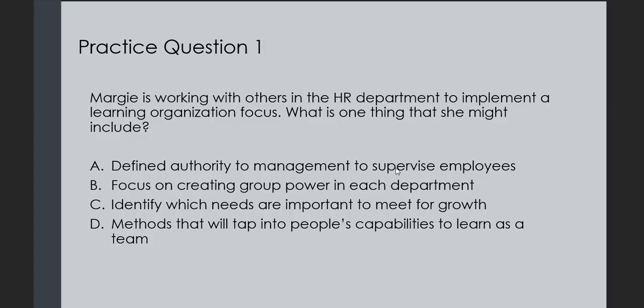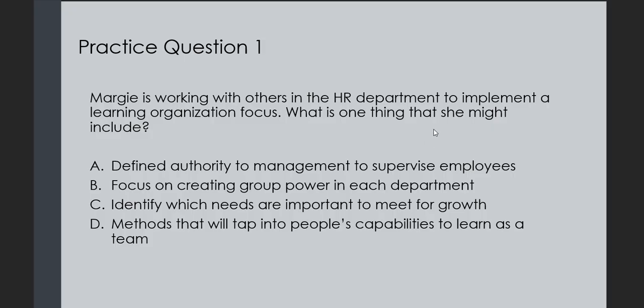Option A reflects administrative management with its focus on defined authority, while option B reflects behavioral management with its focus on group power. Option C reflects Maslow's needs hierarchy, and finally option D, which is the correct answer, captures the essence of a learning organization.